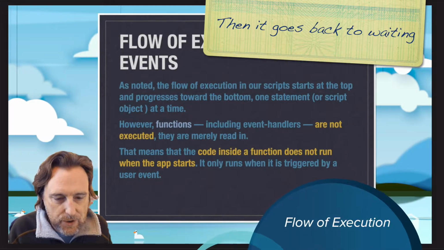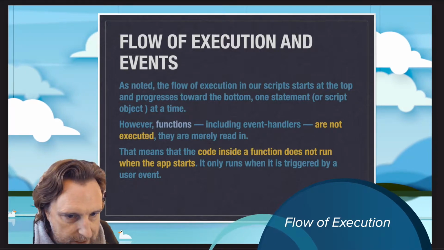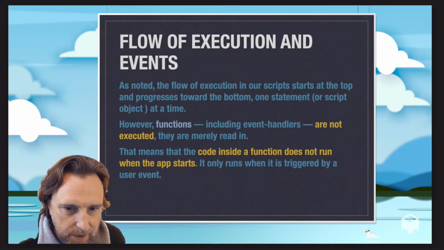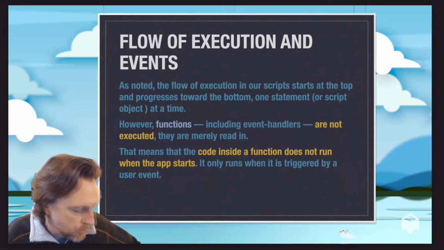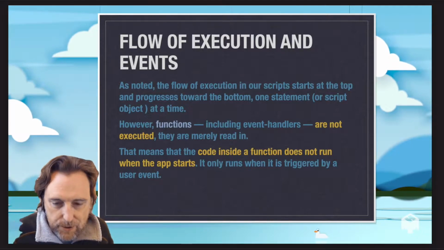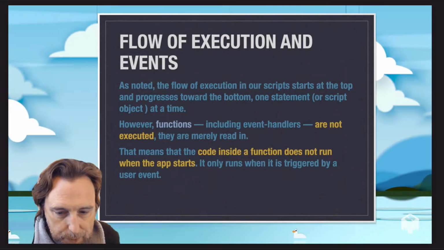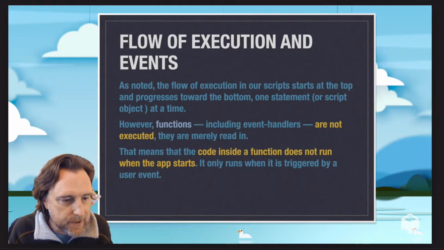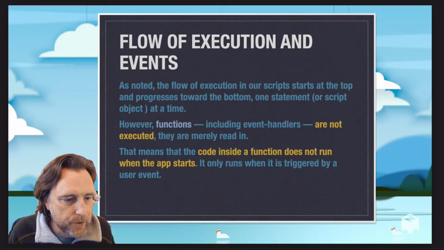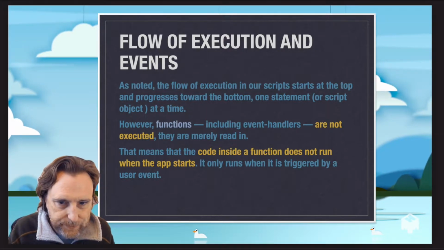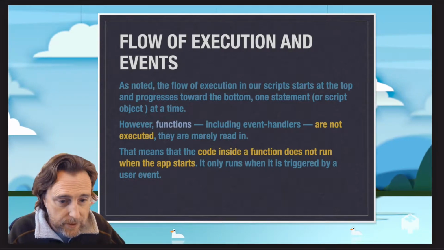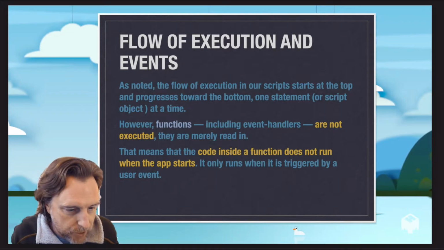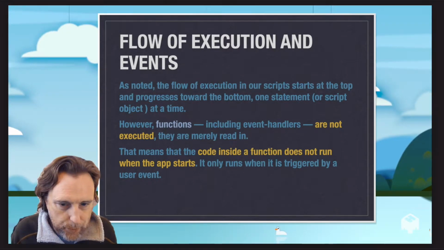The flow of execution is similar to what we talked about last time, in that the event will trigger the execution of a function. So the flow of execution will jump to the function and execute that function. And then in most event-driven apps, it will go back to waiting at some point. It will do whatever is appropriate in response to the button press, say, and then it will return to its waiting and listening state. There's nothing we have to do as the programmers to make this happen. That's done automatically by the Lua interpreter or the Solar2D interpreter.